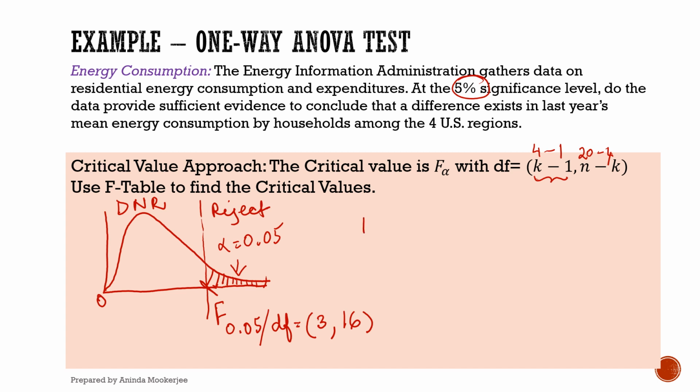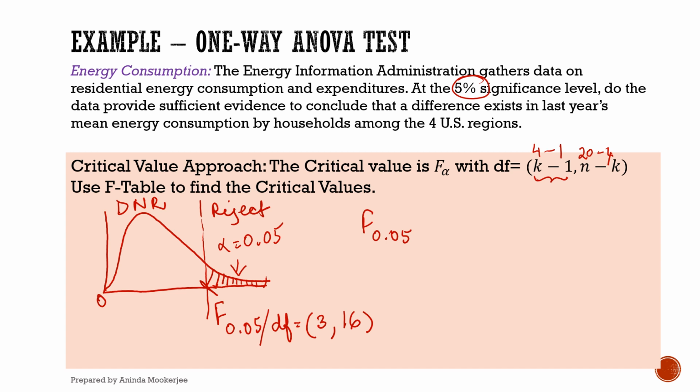If you look up your table, or if you are using your calculator to find the F value, you should come up with an F value of, let me just look it up here. Just a second.